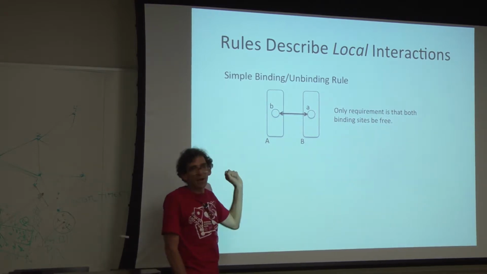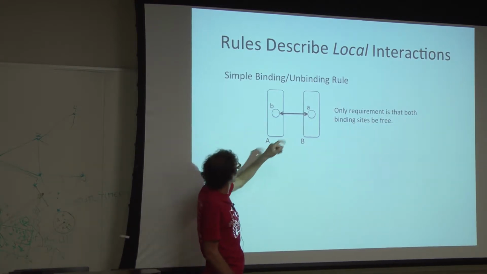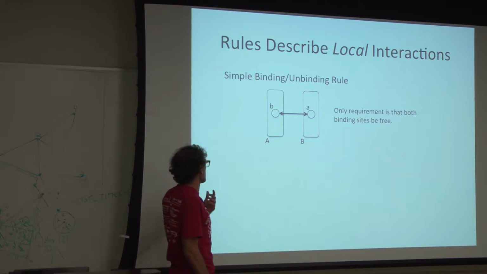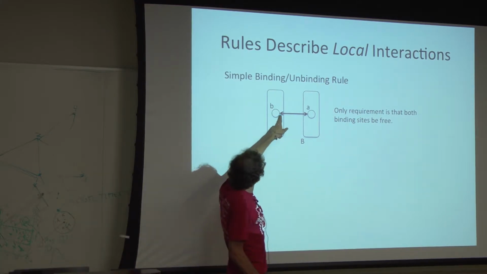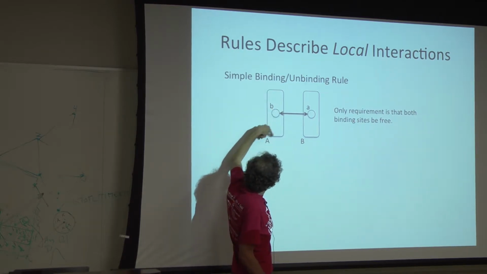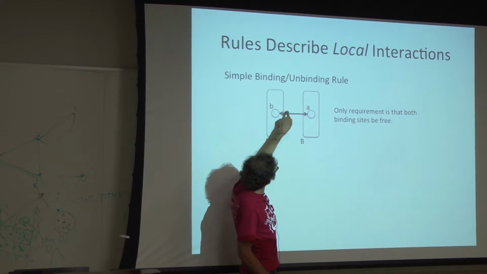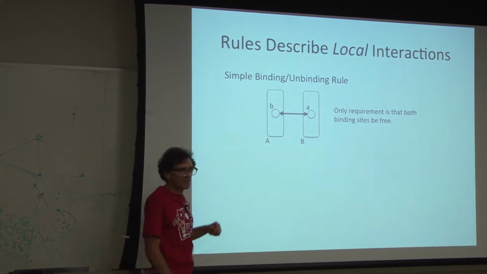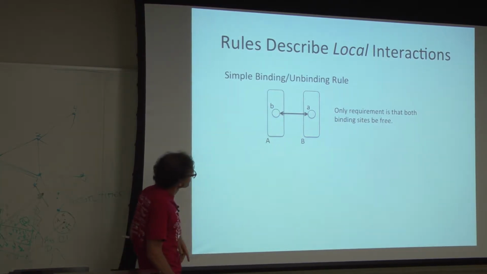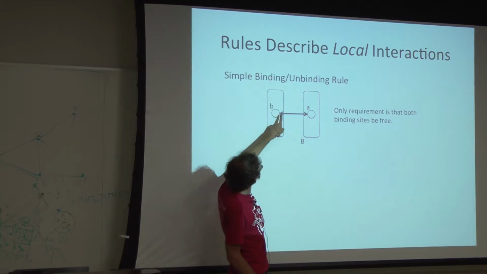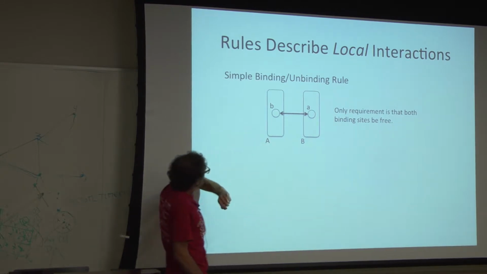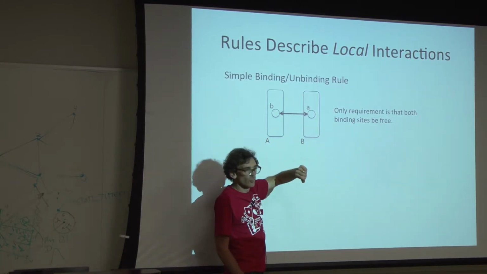If we don't know anything about the actual components, for example, highly conserved domains that have a name like an SH2 or some other, we might just call them b and a, where little b represents the binding site on the A molecule for the big B molecule, and vice versa. So we're just basically naming these; we call that cognate binding site names. And our rule says that B binds to A. The b site of A binds to the a site of B. And this is it. This could be a simple biochemical rule for a binding interaction.